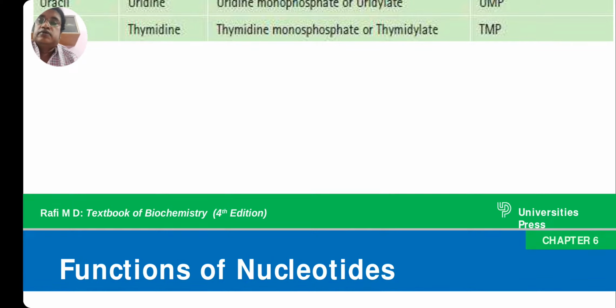Now binding of nucleotide components. Atoms in the purine ring are numbered 1 to 9 and in pyrimidine 1 to 6. Carbons of sugars are represented with a prime for differentiation. Thus for pentose, carbons are 1 prime to 5 prime.